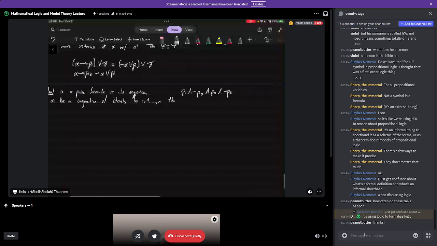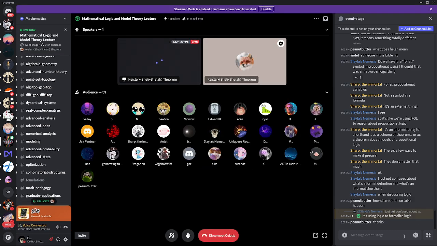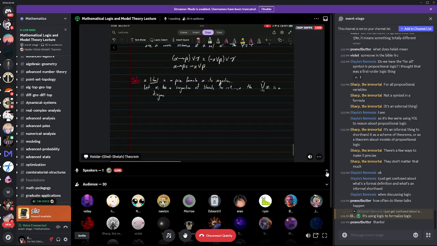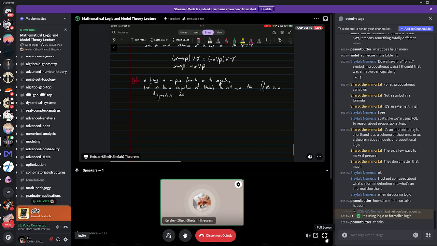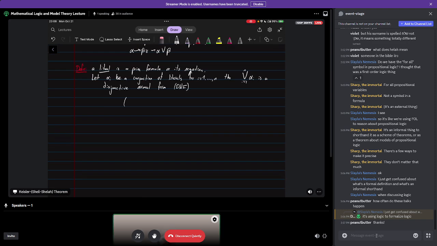Then their disjunction is a disjunctive normal form, or for short, a DNF. So for example, P1 and not P2, or P3 and P2 is a DNF.